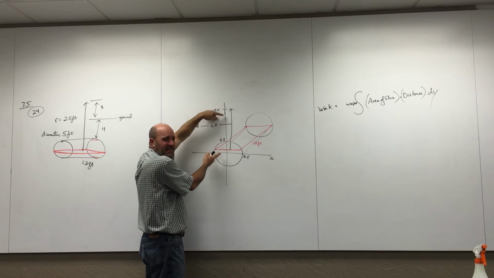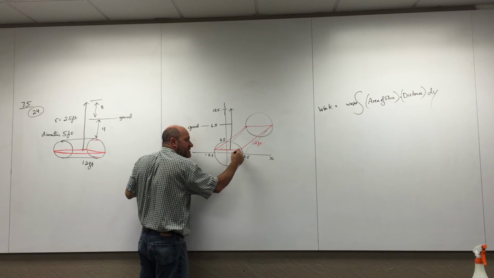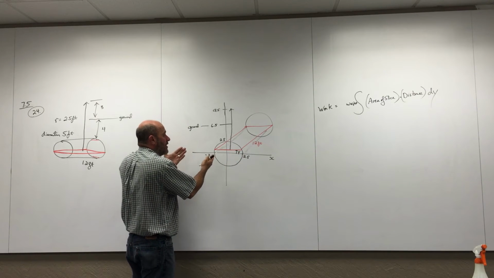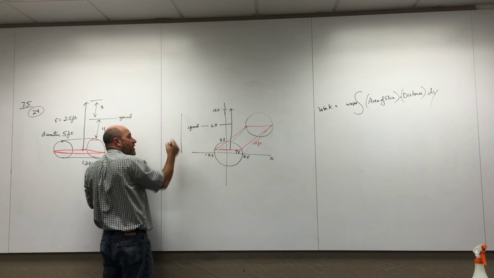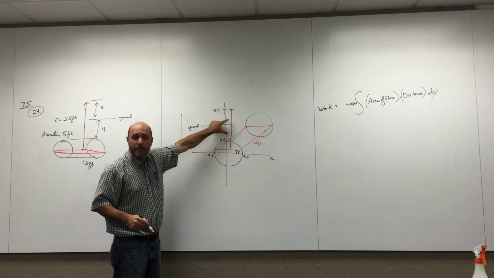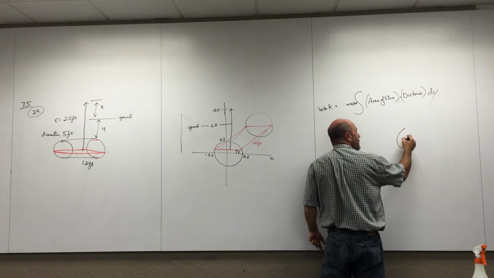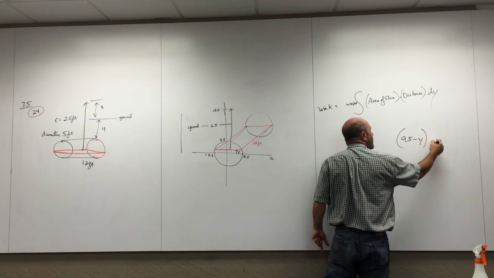From the x-axis up, we call that distance y, and that's 9.5. So what I've drawn there is 9.5 minus y. I'm just going to put that right here. 9.5 minus y. That's the distance.